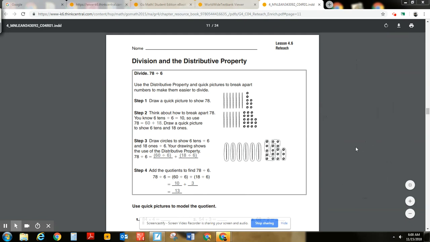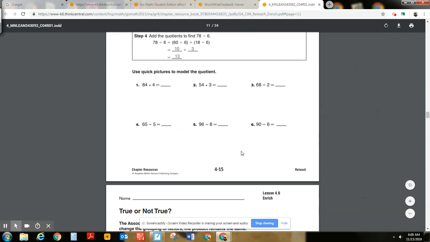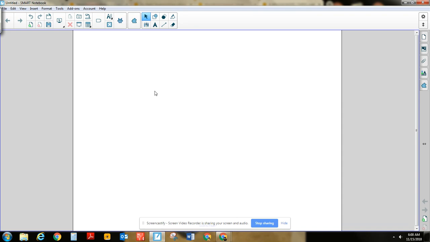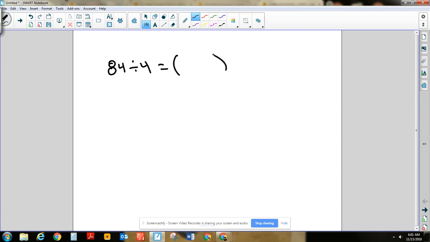Let's try a couple more problems together. This is not something that you're going to get right away. So let's do 84 divided by 4 equals something. I kind of like to start off with doing by 10, right?